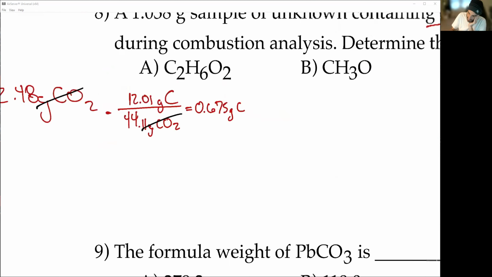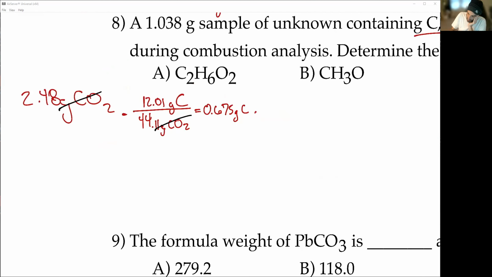And then we can take that a step further and turn it into moles of carbon. 12.01 grams over 1 mole of carbon gives me a grand total of 0.0562 moles of carbon.